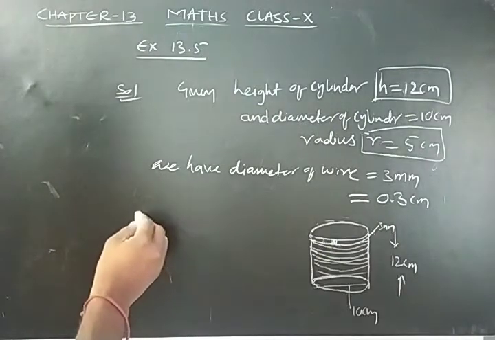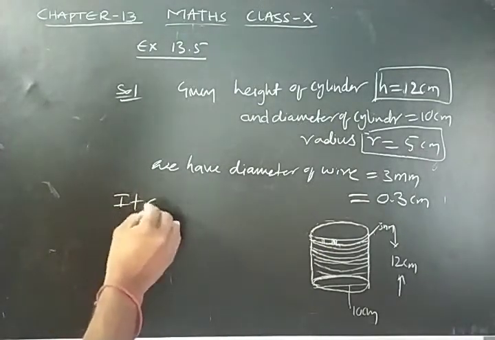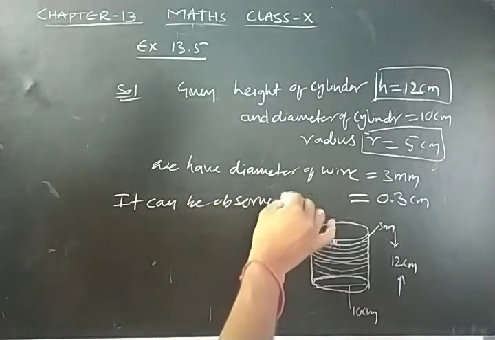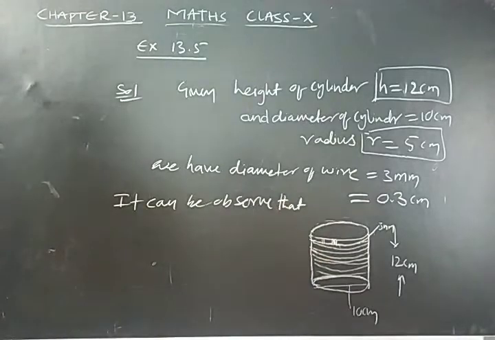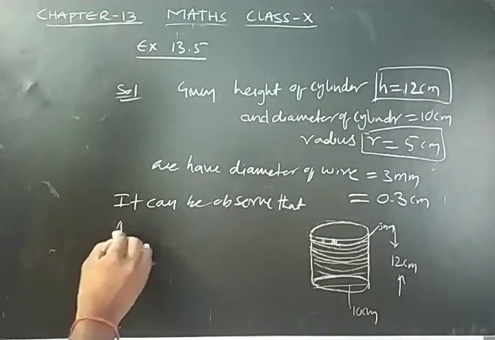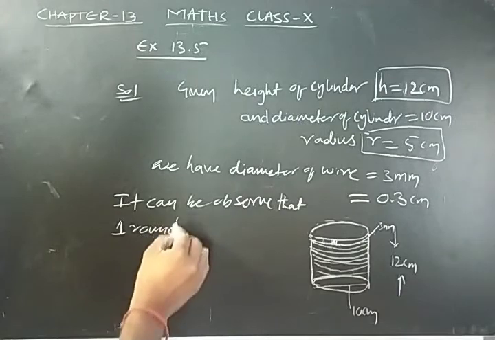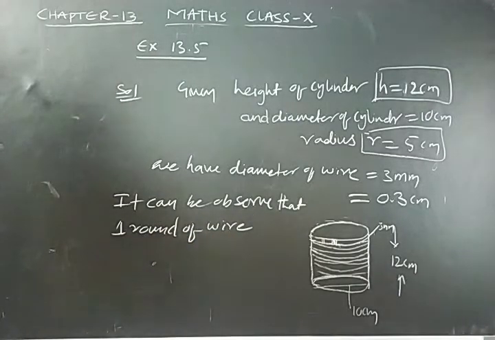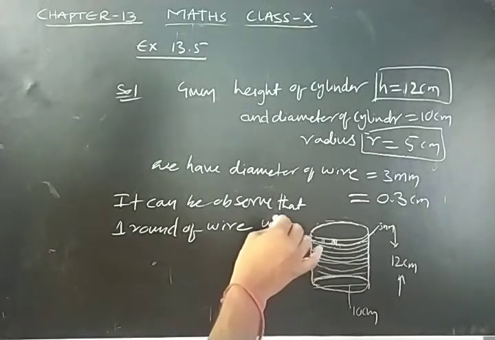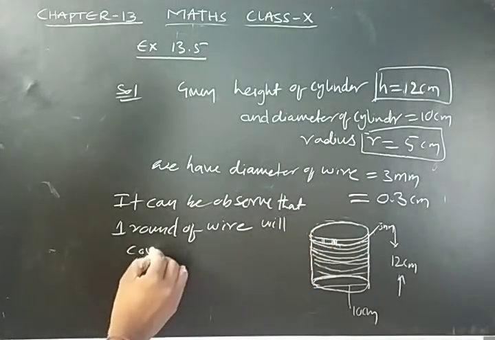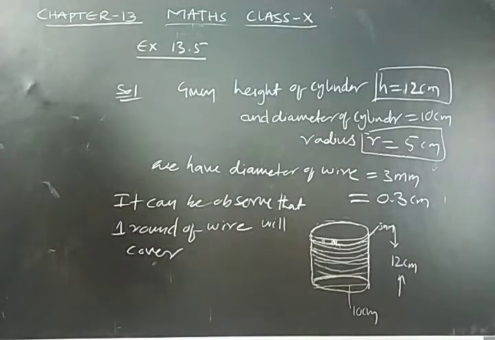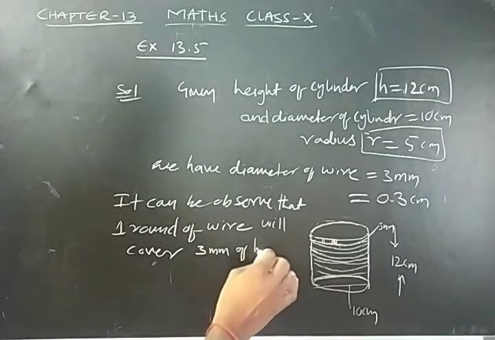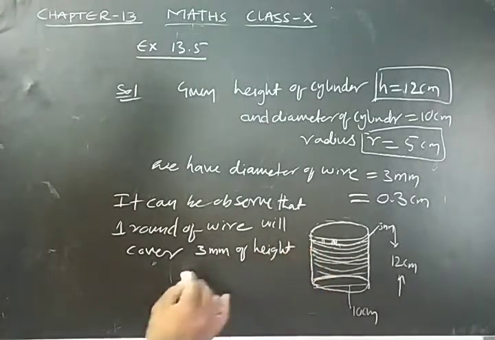So here we can write, it can be observed from the figure that one round of wire will cover 3 millimeters of the height of the cylinder, right?